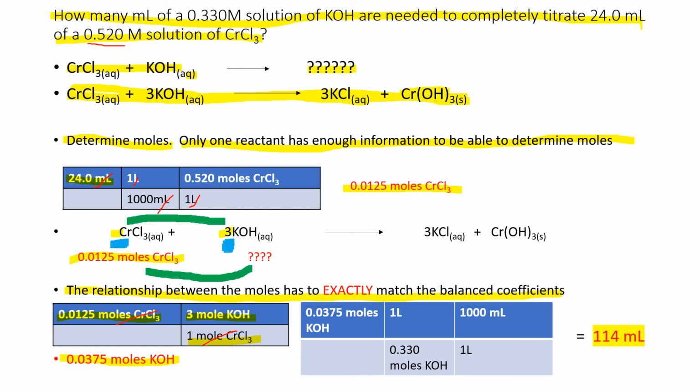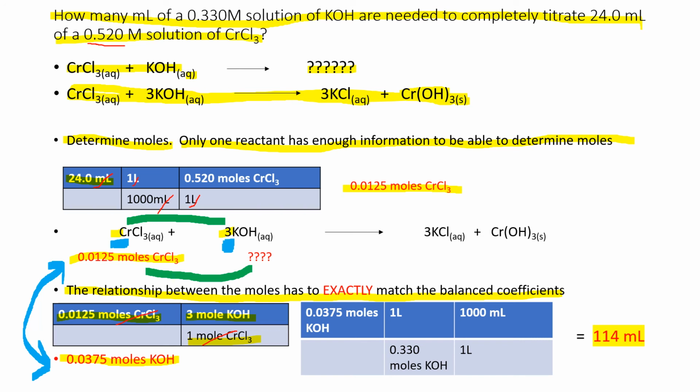If yes, then we definitely did this correctly. If no, we definitely did this incorrectly. Do we have that 3 to 1 ratio between the 0.0375 and the 0.0125? The answer is yes, we do. So we did this part correctly. So now I need to ultimately, we just did the key titration part of this.